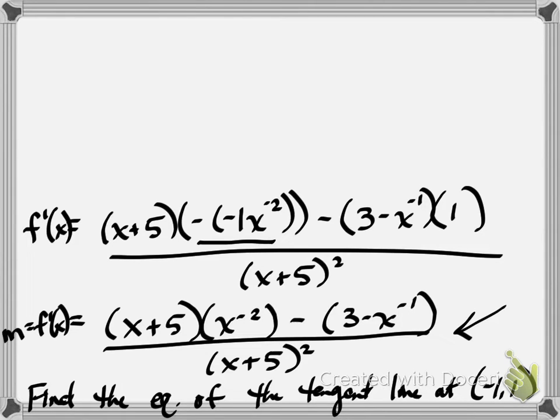We're just going to do the slope is the derivative at negative 1 equals, and we're just going to put a negative 1 in all these spots where these x's are.